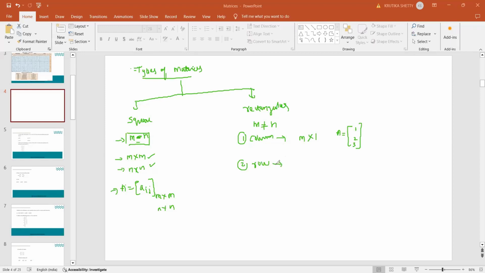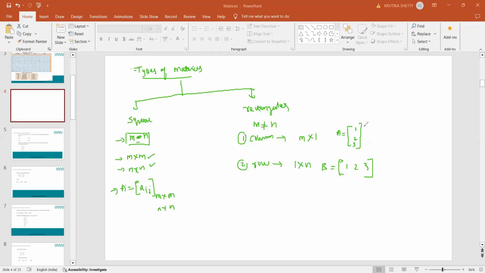Similarly, the opposite of that is the row matrix. The order of a row matrix will be 1 cross n, where 1 indicates the number of rows. So the number of rows is 1, and it can have any number of columns. The matrix B will be 1, 2, and 3, the same example.